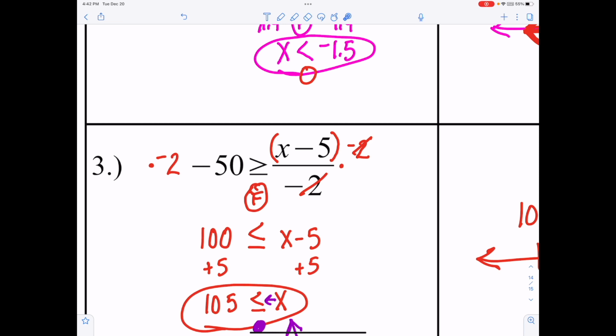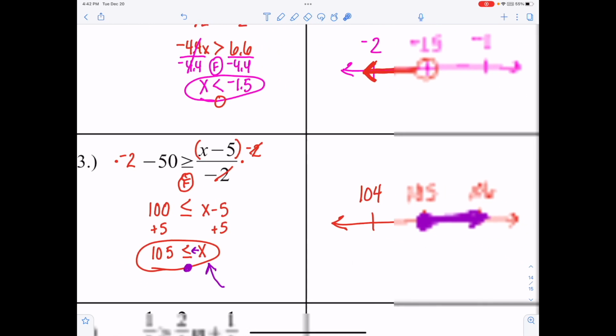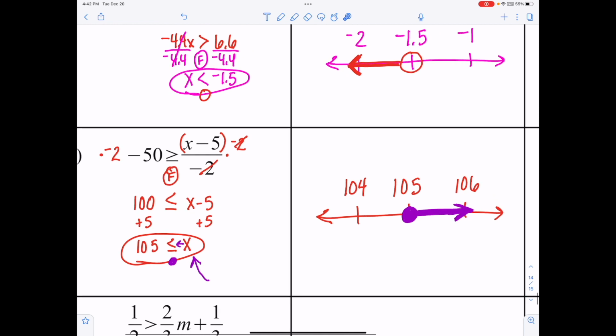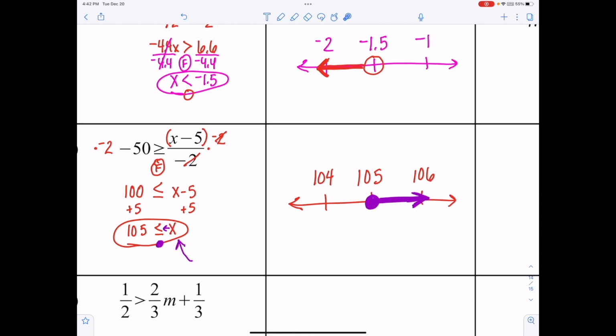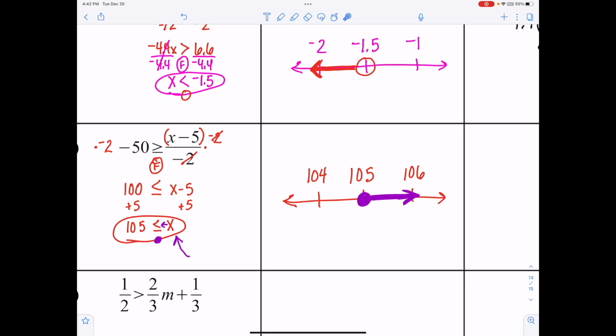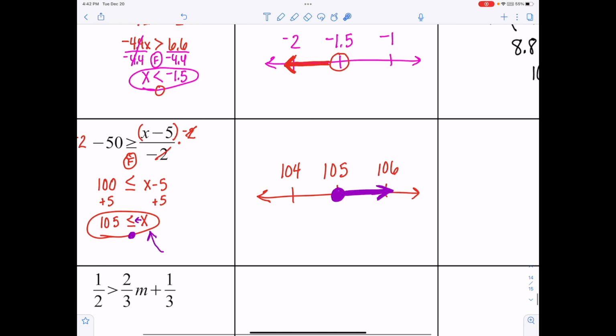I don't want to do 100 because then I'll have like 95 divided by, so maybe I'll pick 105. So let's do 105 instead. Oh, I don't want to do 105 because that's the target number. So let's go ahead and do 110 as our number.